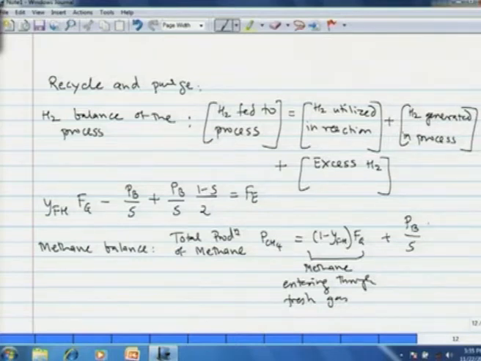Now, this is the purge methane, the methane that is in the purge stream.